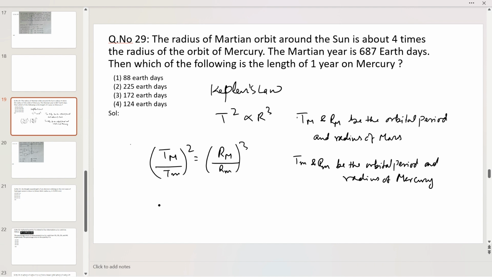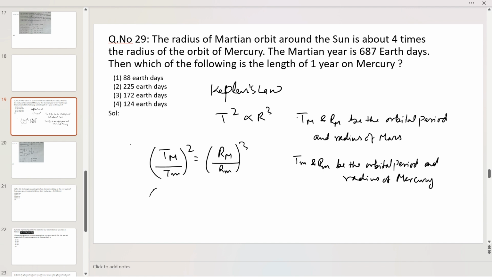Now I am going to solve it, because here it is given that the radius of the Martian orbit around the Sun is 4 times the radius of Mercury, and the orbital period of the Martian is 687 Earth days.